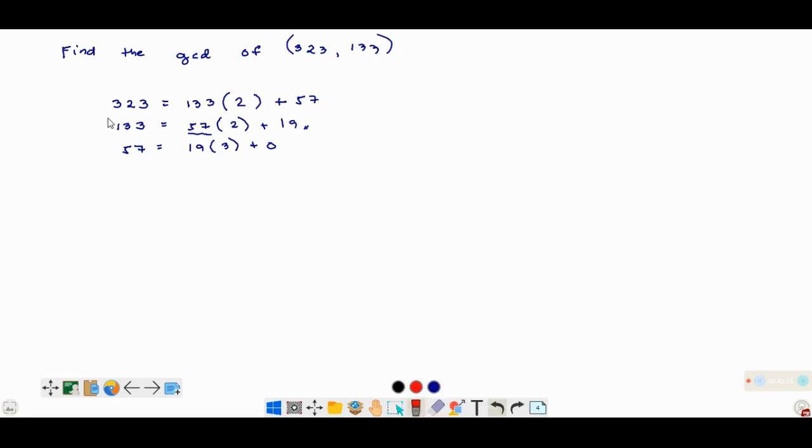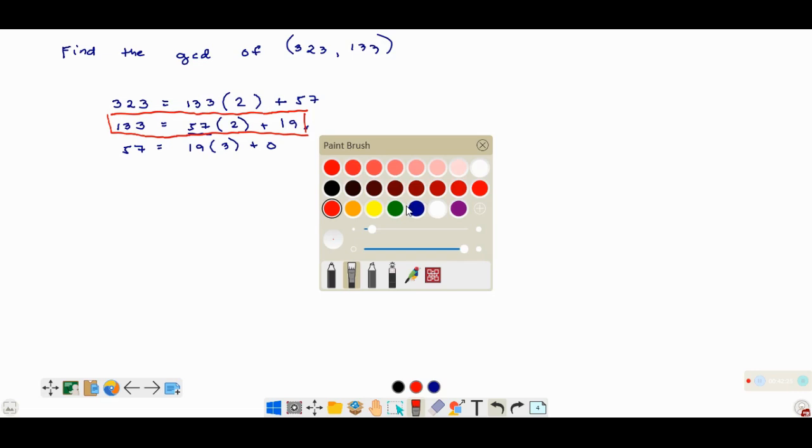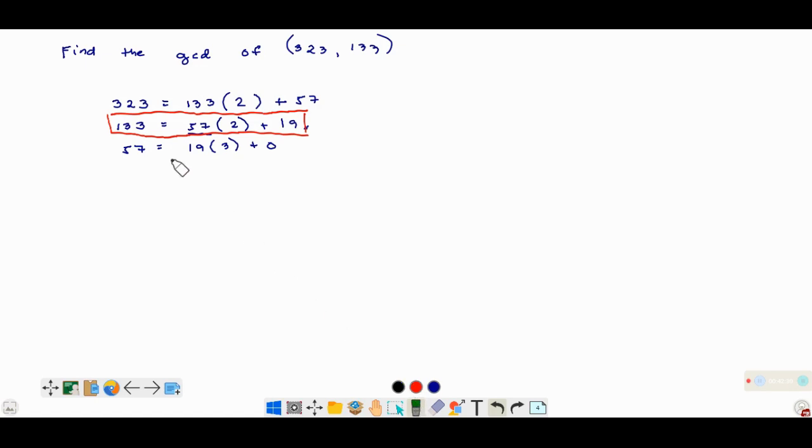Mag-i-start lang tayo dito sa pangalawa, yung may GCD na non-zero. Ang GCD nga natin ay 19. Or may remainder na non-zero. So, itong 19, isusulat natin siya, green, as a linear combination of 133 and 57.